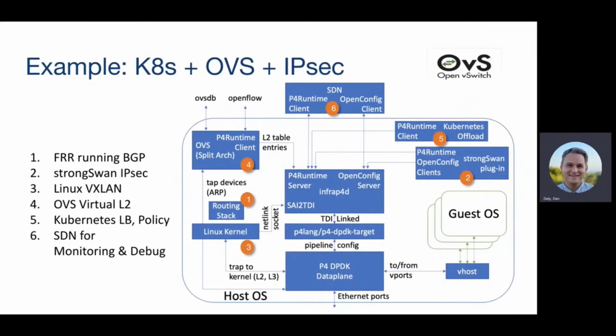And so all of these different control planes get brought all together and are able to control each of their individual table space, depending on what was set up at the beginning when that pipeline was instantiated.